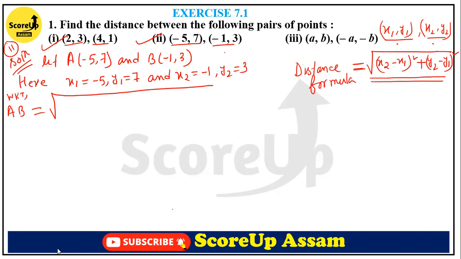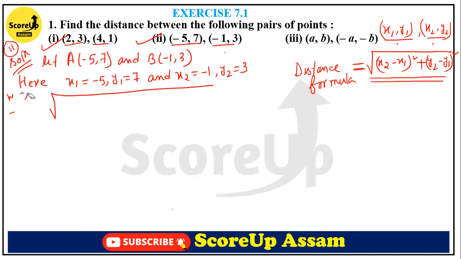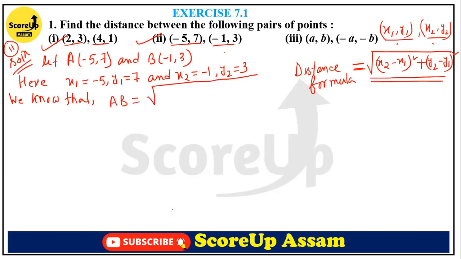We know that AB is equal to root over x2 minus x1 whole square plus y2 minus y1 whole square.